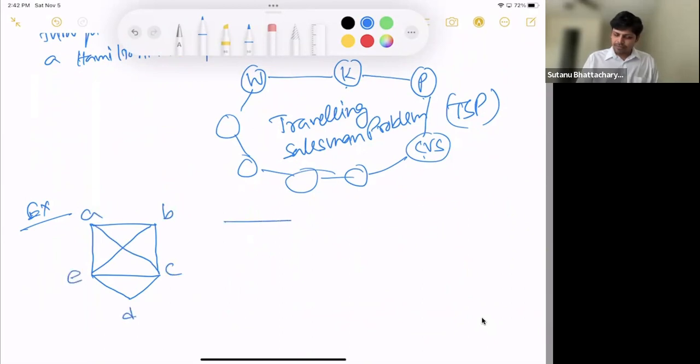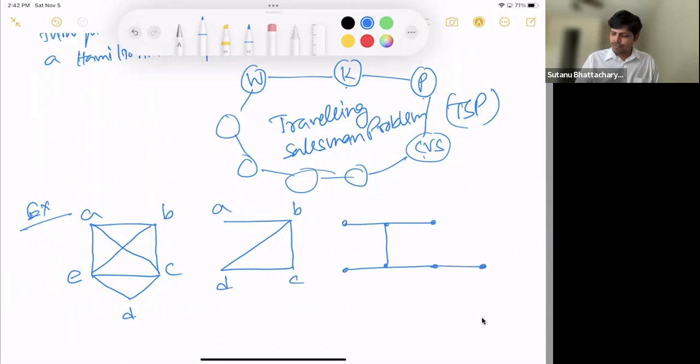This is one graph. This is another one. This is another graph.